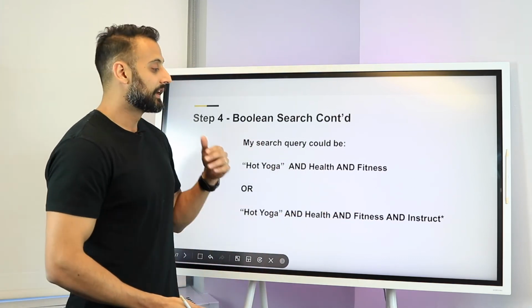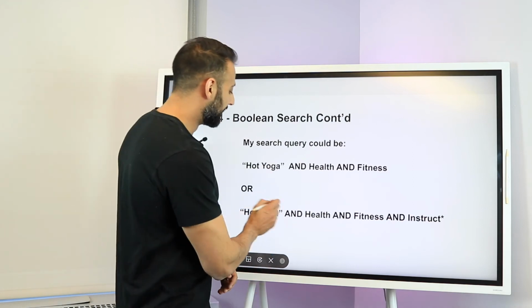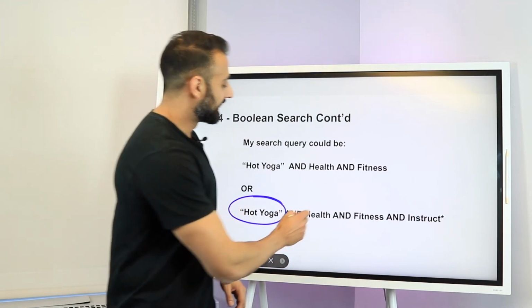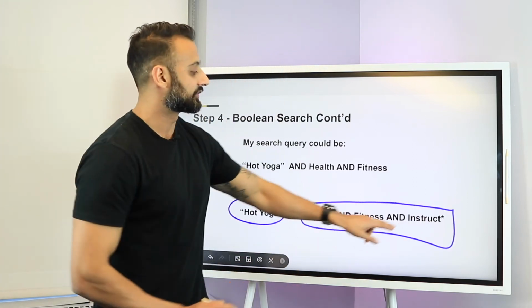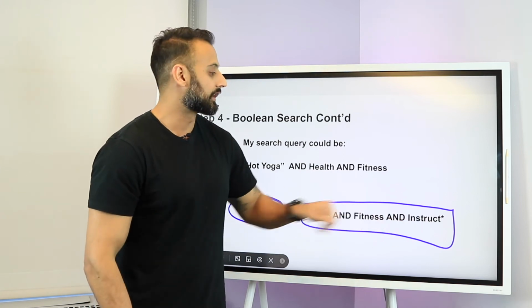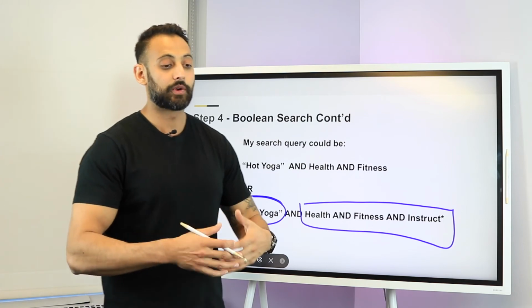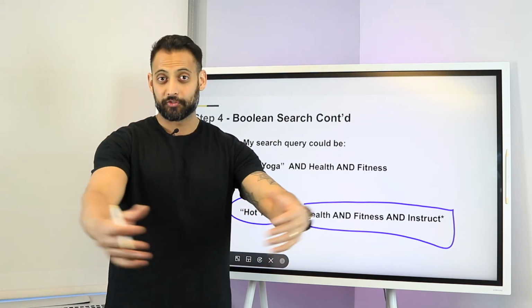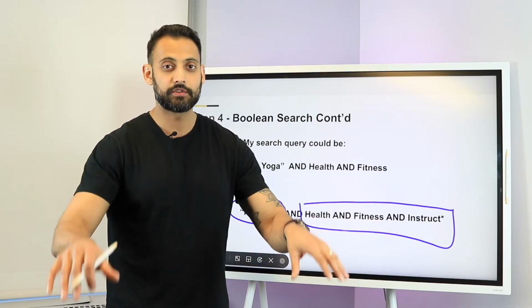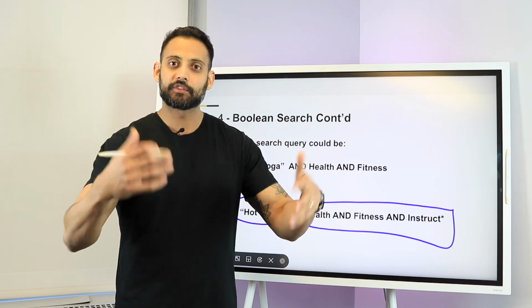Well, you find anyone involved with hot yoga in health, fitness, and instructor. You want the instructor, instruction. I want instructors because I know that they're always going to be in a class. They're going to have lots of potential clients who are currently doing yoga, who are doing everything this instructor's telling them.